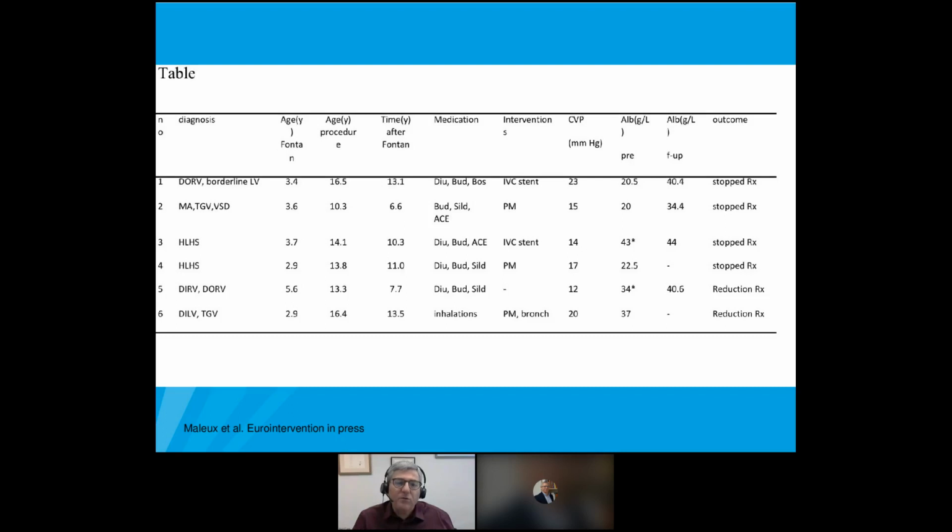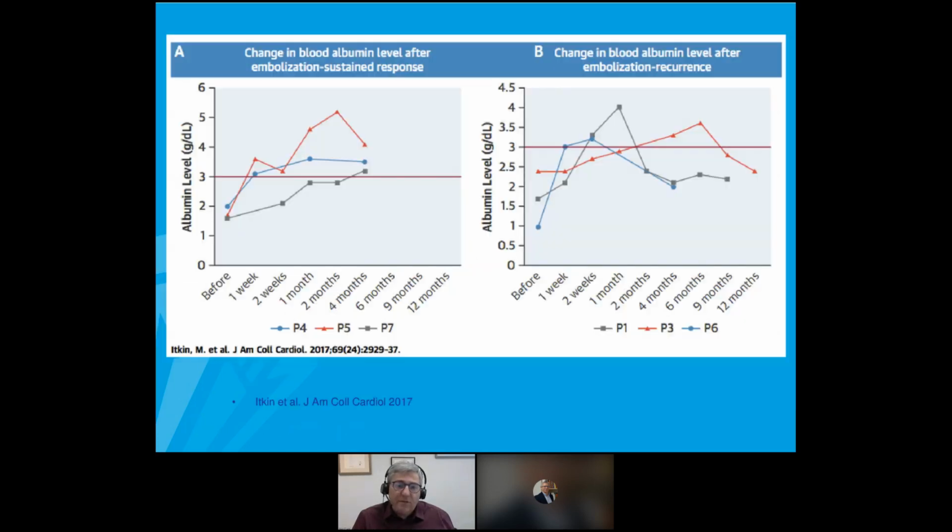And when we look at the results, we see in the short term that in most of the occasions we can reduce or even stop all the drugs which were administered to treat this protein losing enteropathy. However, this has been published by the Philadelphia group.